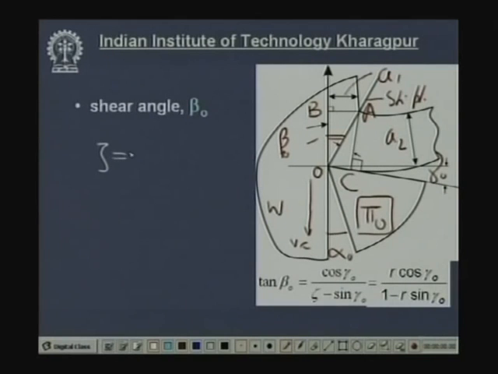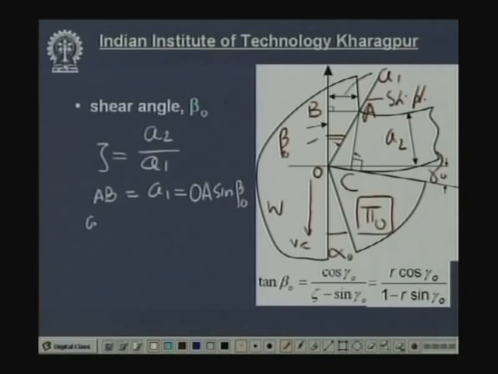Zeta, the chip reduction coefficient, is equal to A2 by A1. Now, what is A1? Here is AB, AB is A1, and this is equal to OA sin beta O. We are writing beta O because this shear angle is taken in the orthogonal plane. And what is A2?